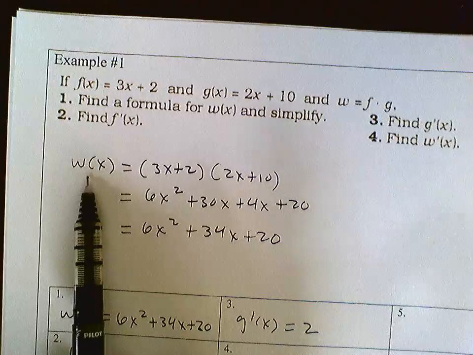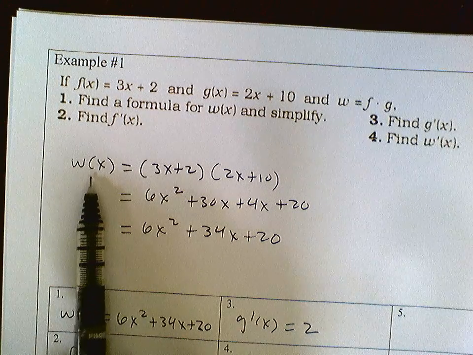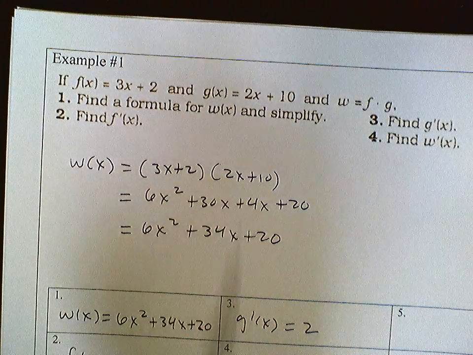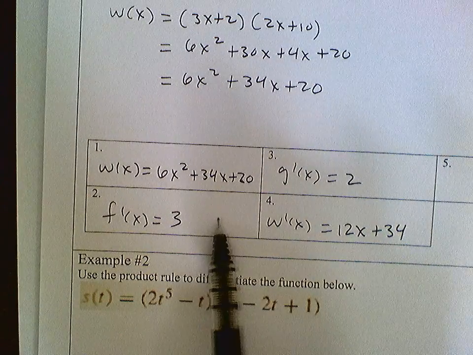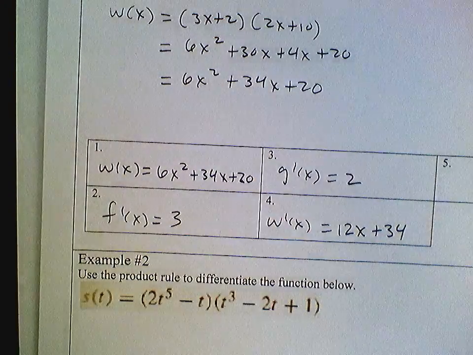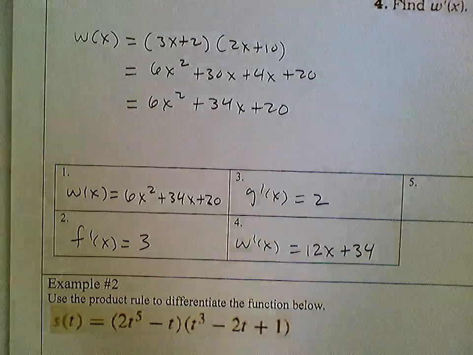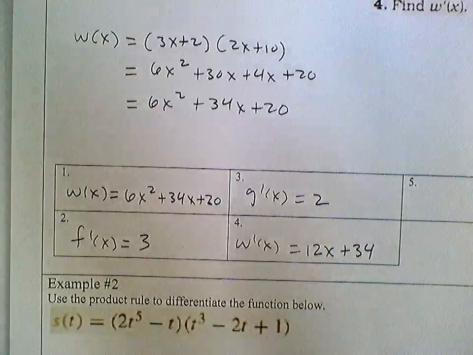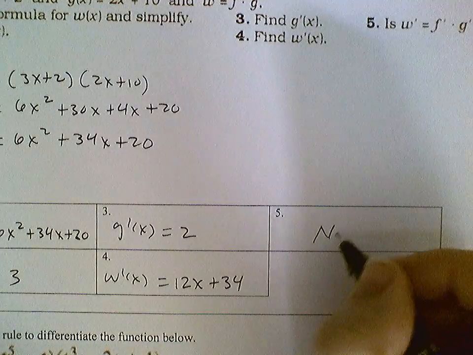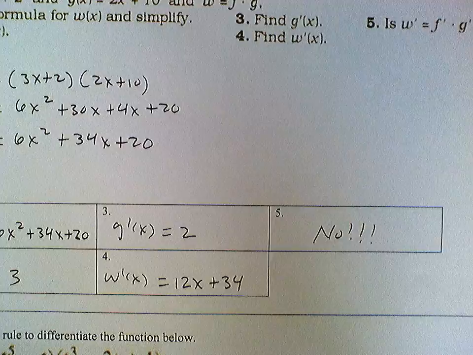The mistake a lot of people would make is to think that w prime of x would be 3 times 2, the derivatives of the factors separately and then multiplied. No, that's not true. 3 times 2 is 6, and that's not w prime of x. So the answer is a resounding no.